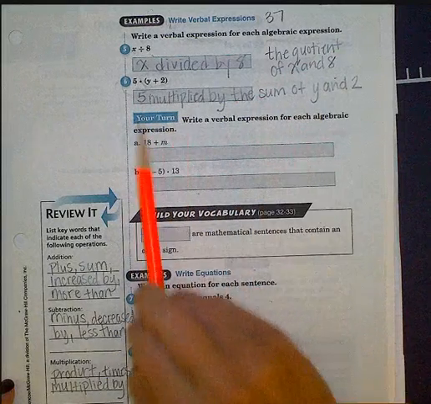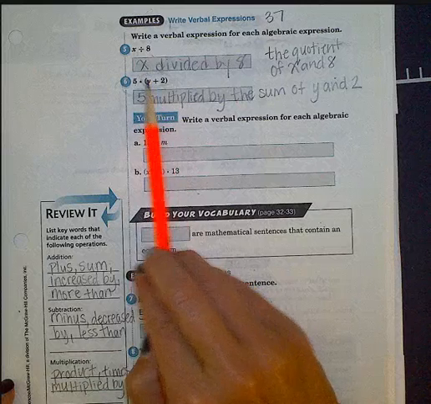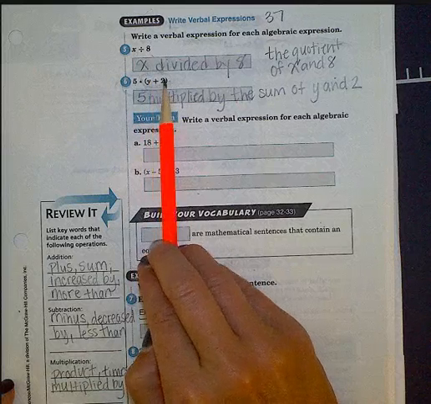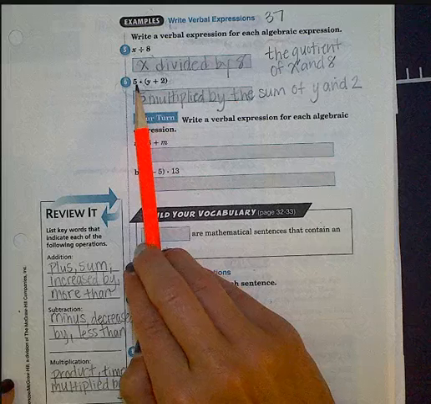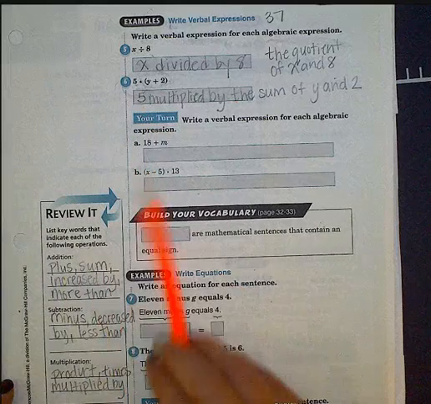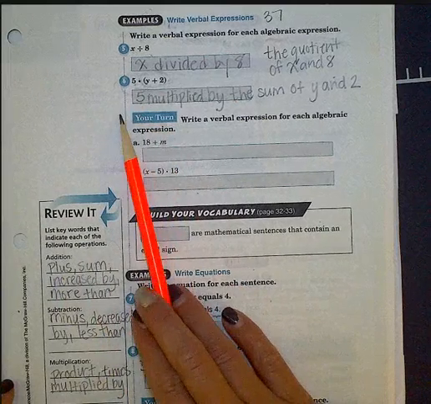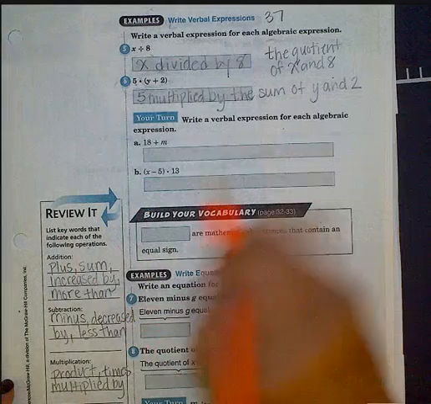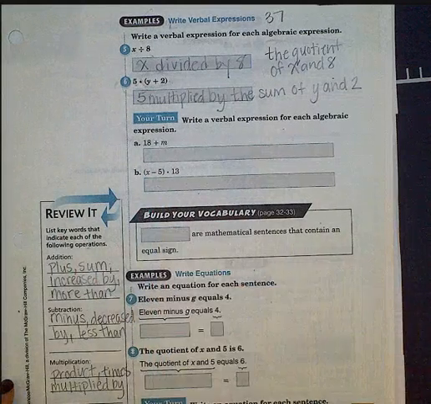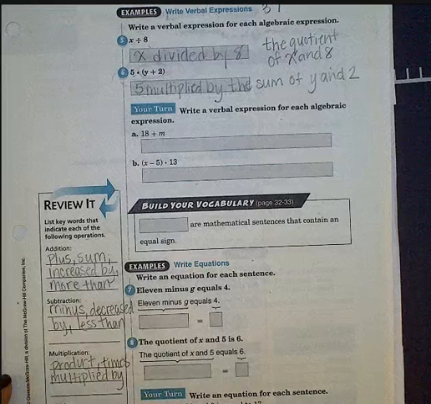Now this tells us that we need to first add y and 2, y plus 2, then multiply it by that 5. So now on your turn again, I'm going to ask you to pause here and try these two by yourselves and play to check your answers.